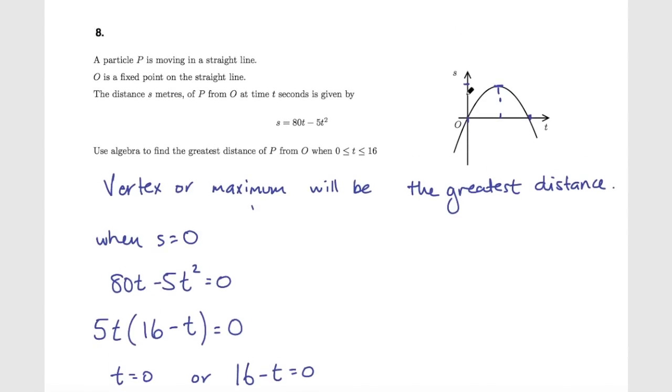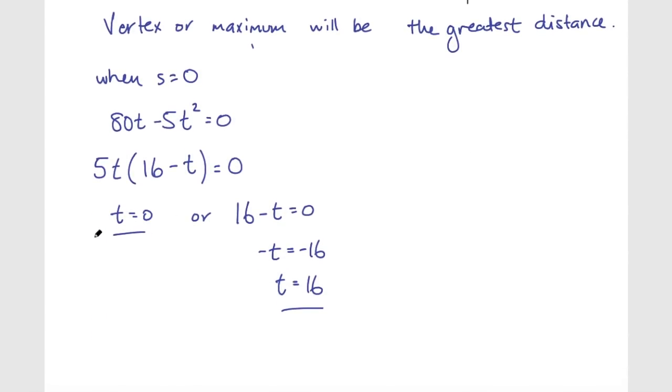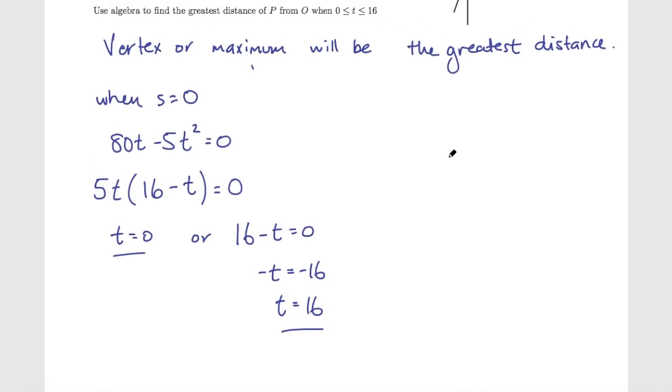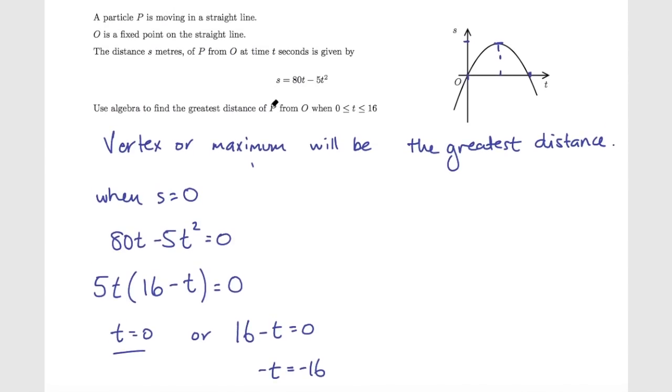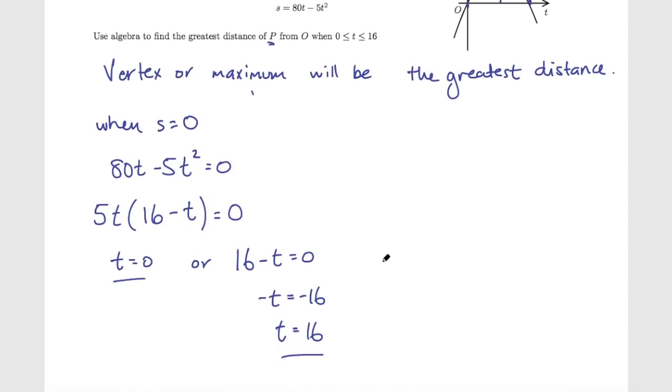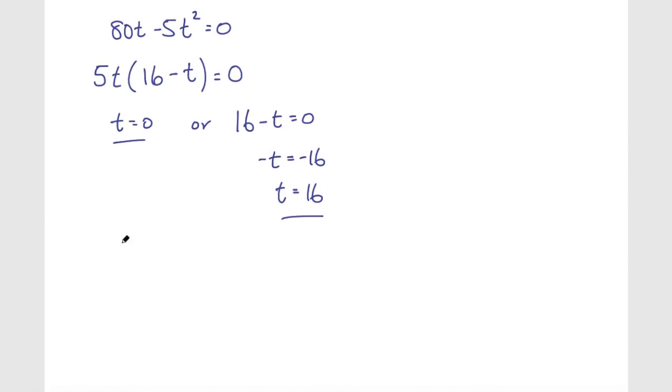Okay, so when the distance is 0, in other words, when the ball's in my hand, that will be at time 0 before I've thrown the ball, and then it will take 16 seconds for the ball to land back in my hand. Okay, so the greatest height, or the greatest distance of P will be halfway between those two times.